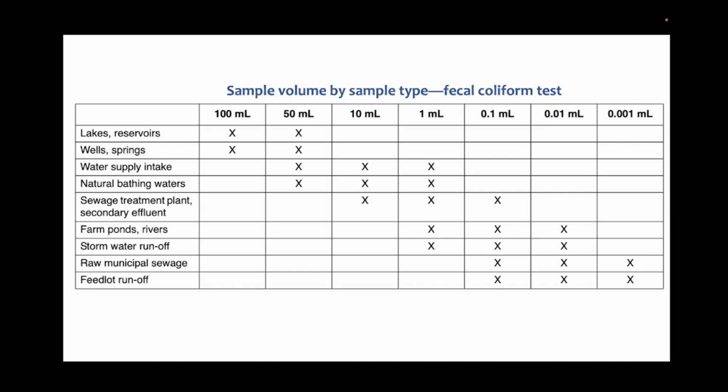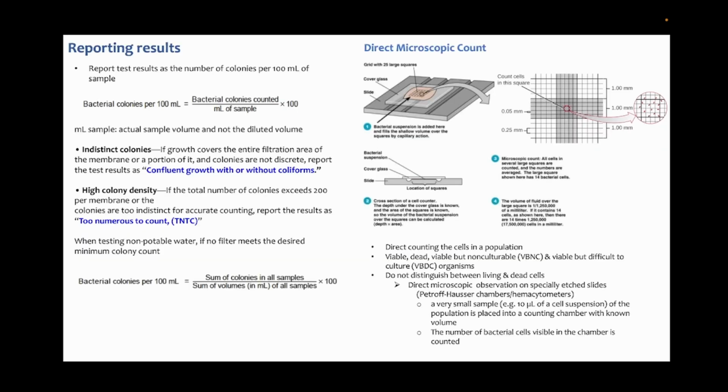So this table is from APHA, American Public Health Association. So they have a standard manual on water and wastewater examination. Hemocytometer is this one. So it's direct microscopic count.